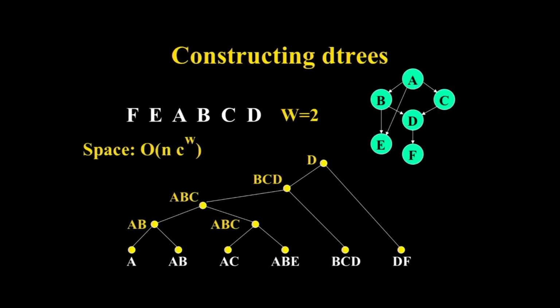So what this means is you give me an elimination order with width W, I construct a D3 with certain properties, and if I run recursive conditioning with caching, I get the same space complexity as the joint tree algorithm. And in fact, you can make a simple argument and show that the time complexity will also be the same. So what happened here?